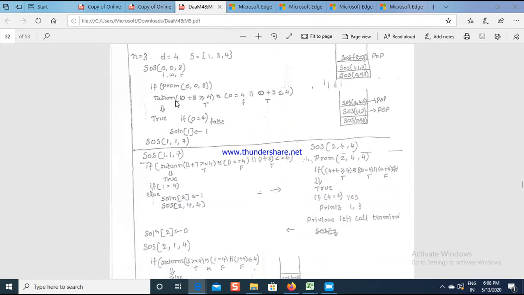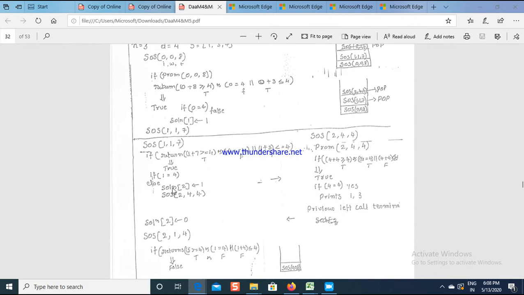When I am calling this one, the solution of 2 I will make 1, because it is a left call. And I am calling sum of subset of I plus 1, so I plus 1 becomes 1 plus 1, 2, and weight plus the next element. So 1 plus what is the next element? 3. So 1 plus 3 is 4, and total is 7 minus 3, which is 4.